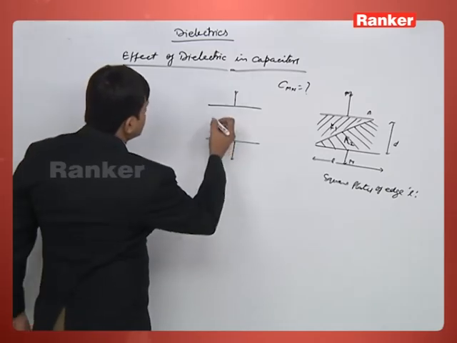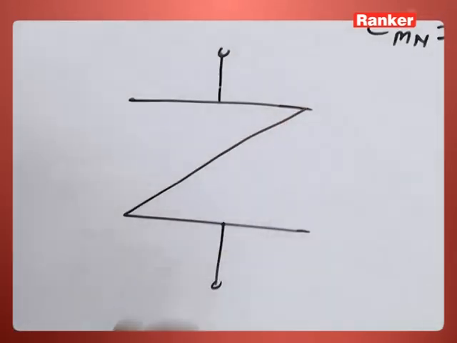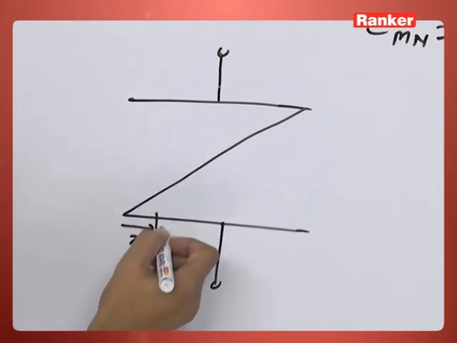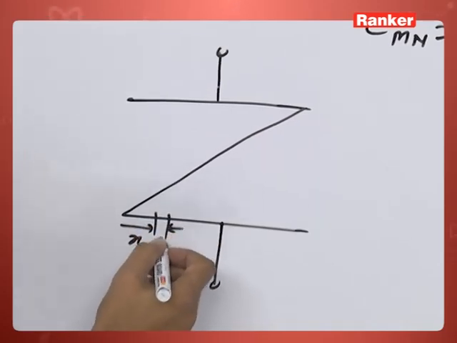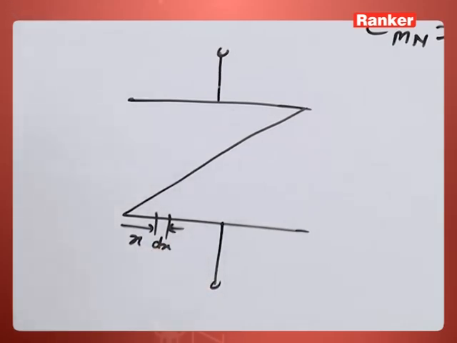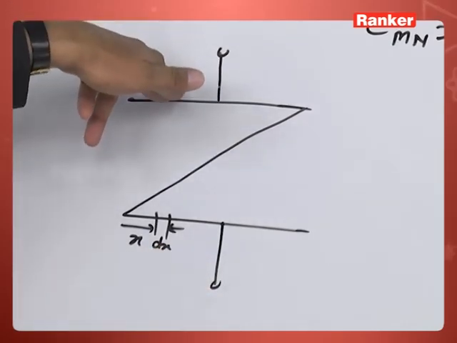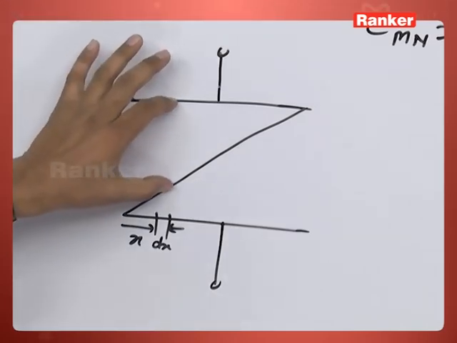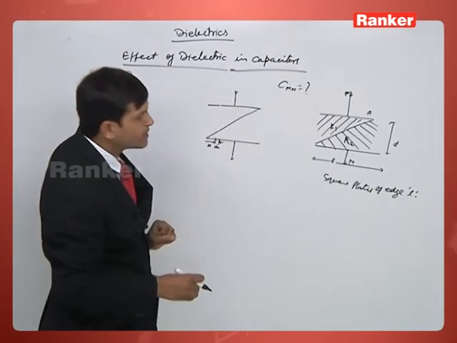So if I am considering x distance from here and I am taking a dx strip, in this dx strip, from here to here one dielectric, from here to here another dielectric.